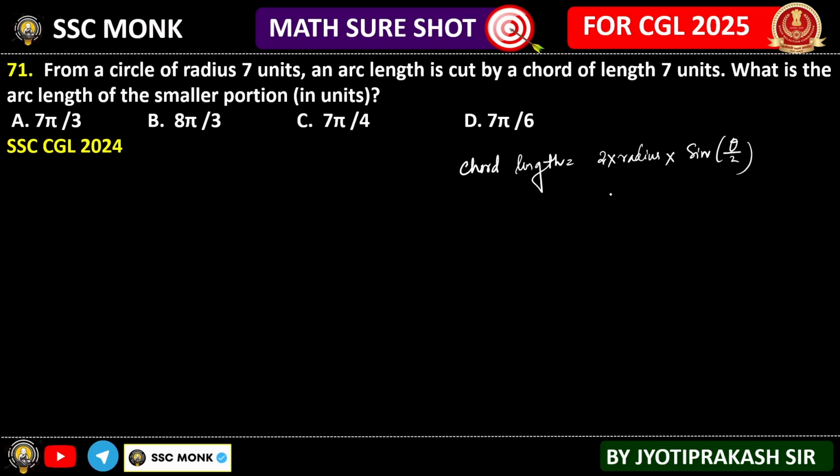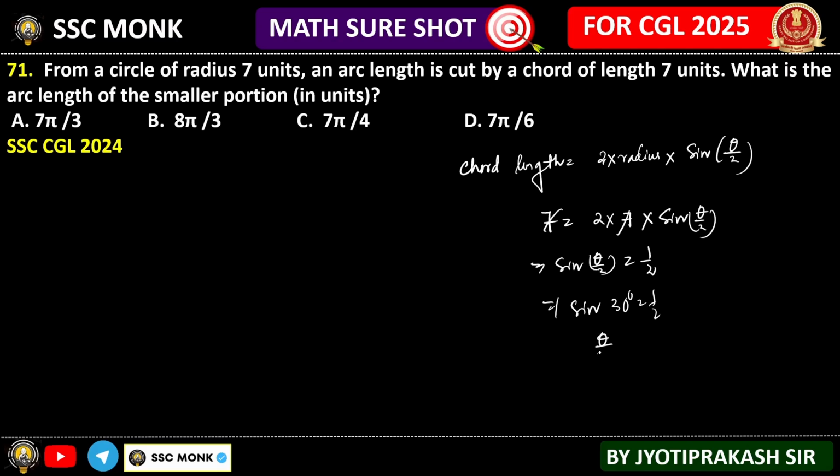Here 7 units is the chord length, is equal to 2 into radius 7 into sine theta by 2. 7 7 gone, so I can write sine theta by 2 is equal to 1 by 2. Sine 30 degree is equal to 1 by 2. So theta by 2 is equal to 30 degree. So theta value is equal to 60 degree.